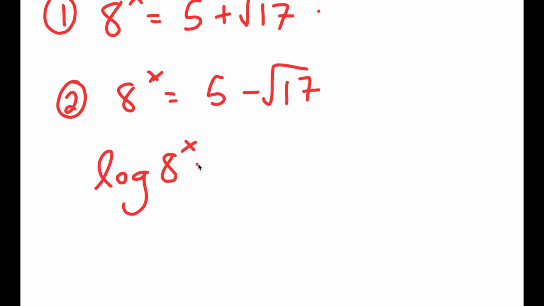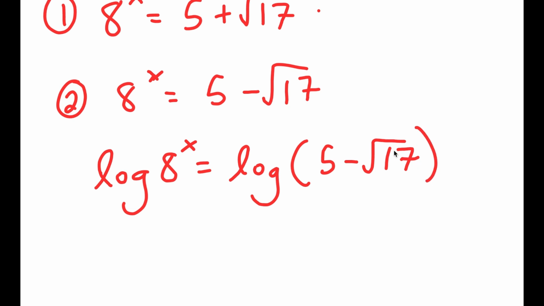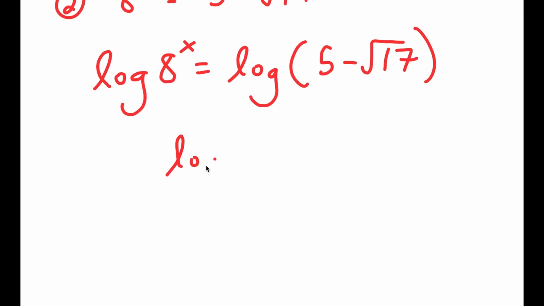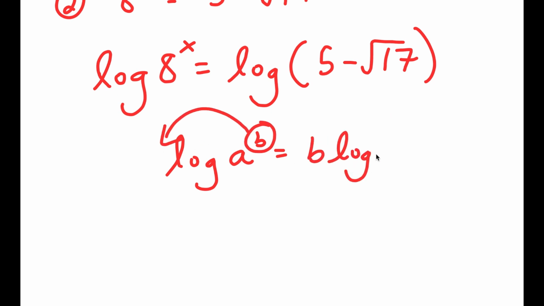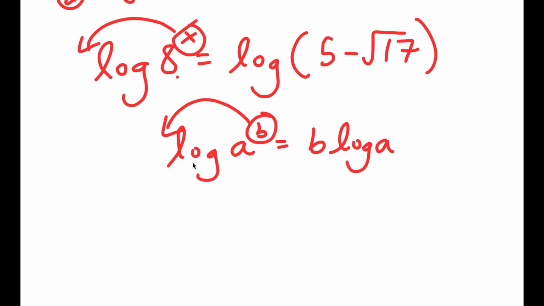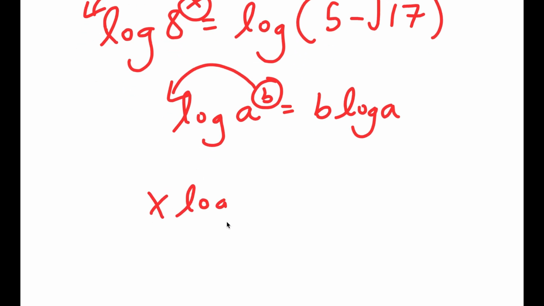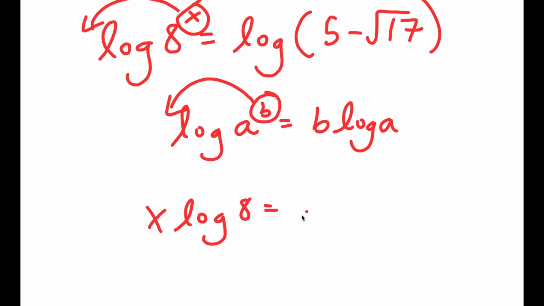So I get log 8 to the power of x is equal to log of 5 minus the square root of 17. And now if I have something in the form log a to the power of b, I can move this exponent b to the front, so it's going to equal b times log a. In this case, I have log 8 to the power of x, and I can move x to the front. So I get x times log 8 is equal to log of 5 minus the square root of 17.